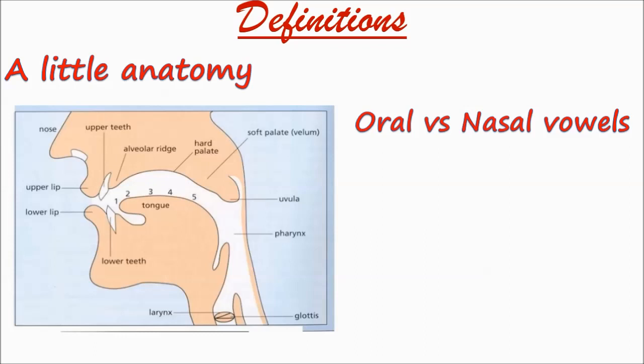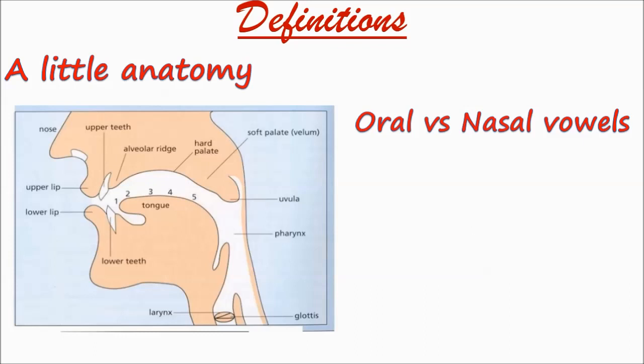We have an opposition between oral vowel sounds and nasal vowel sounds. So when you're producing an oral vowel sound, the velum here raises, and so it blocks this airway, and so all the air is coming out through your mouth. That's why we call it oral. Okay, it's all coming out through your mouth.